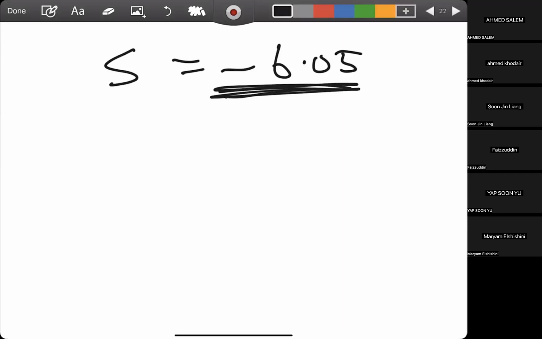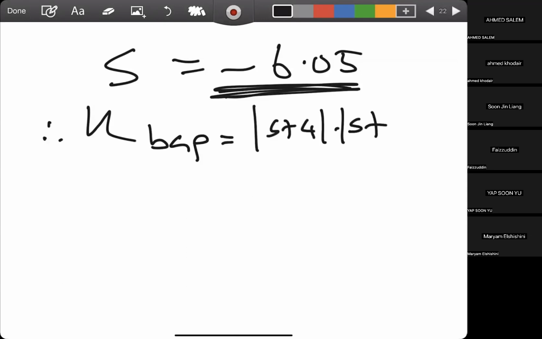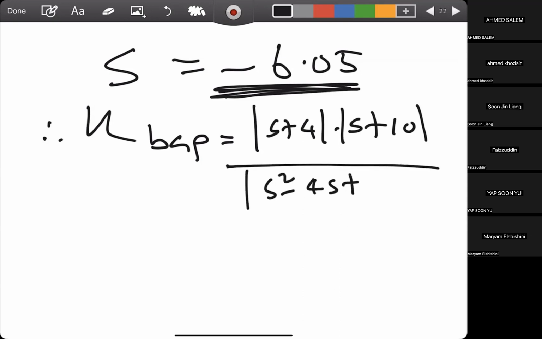It is a quadratic equation, and you have two roots. You only choose one answer, which is relevant. Minus 6.05, and the gain at the breakaway point is s plus 4, s plus 10, over s squared minus 4s plus 8, evaluated at s.